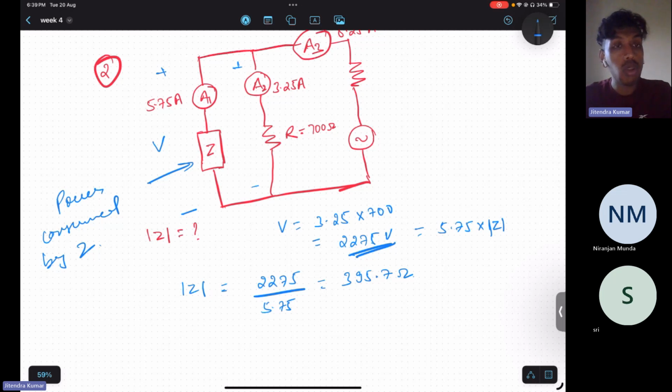We do not even know whether it is inductive or capacitive, or a combination of resistance and inductance, or resistance and capacitance, or a combination of everything.